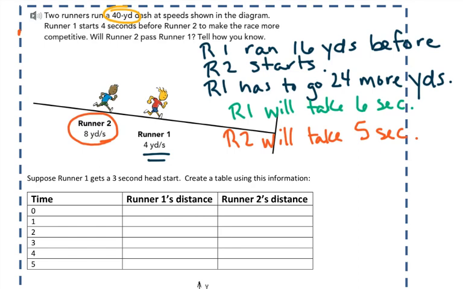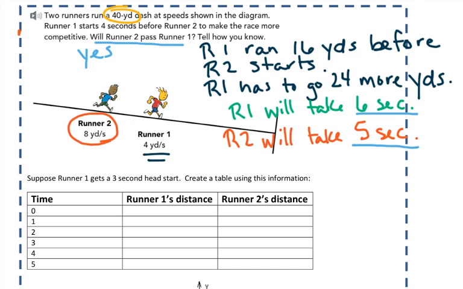So since it takes him less time, the answer to the question, will runner 2 pass runner 1, is yes. And I know that because it takes runner 2 5 seconds and it takes runner 1 6 seconds after he got the head start.